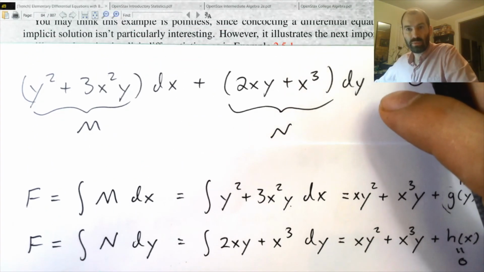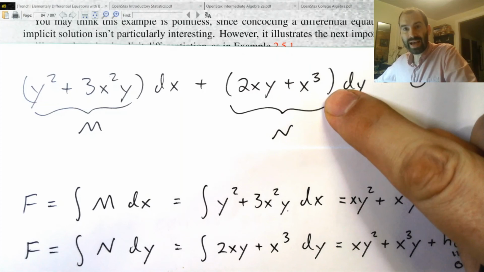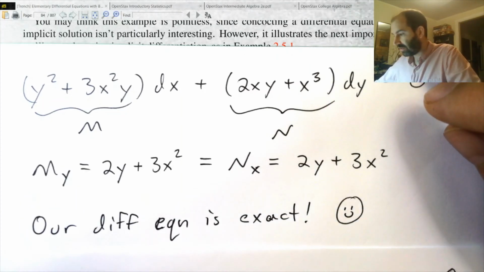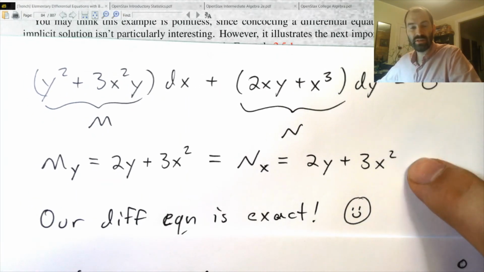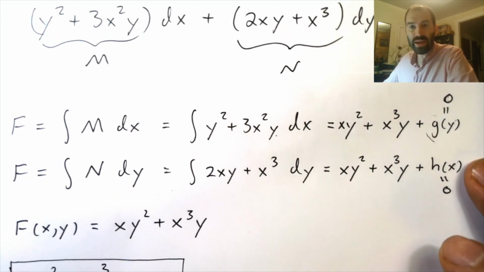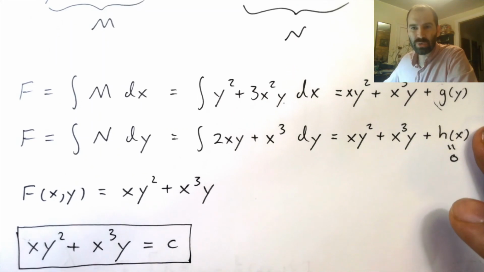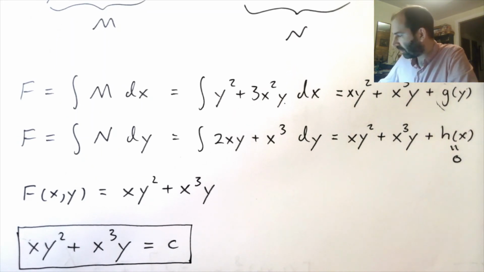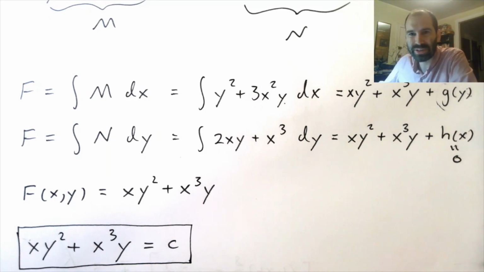And we first checked that it was exact, right, by checking these. And then once we knew it was exact, we went through and anti-differentiated. Now you may have said, well, what's all that nonsense you were talking about, Professor Balawa, about these functions, because we just set them equal to 0 in the end.